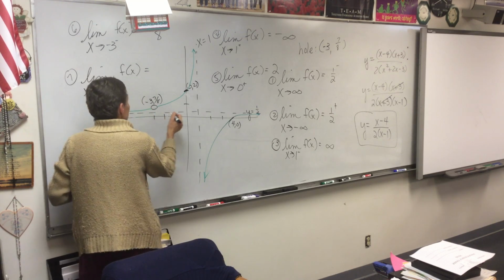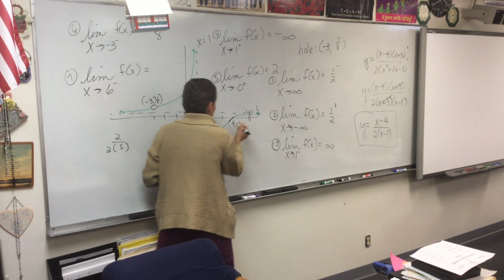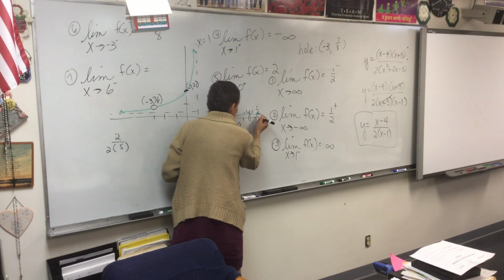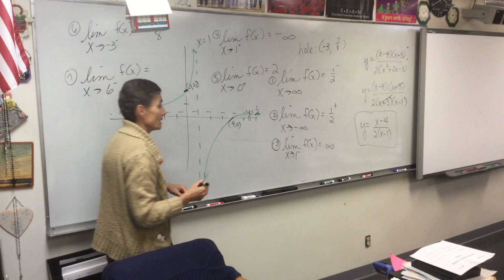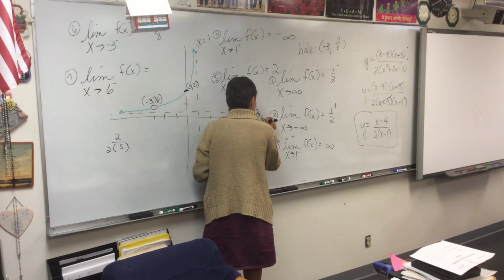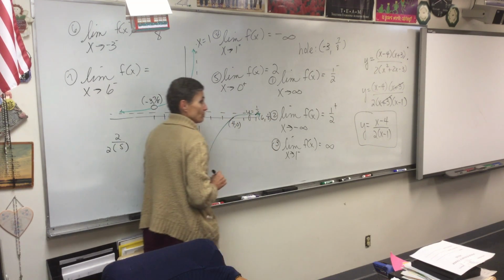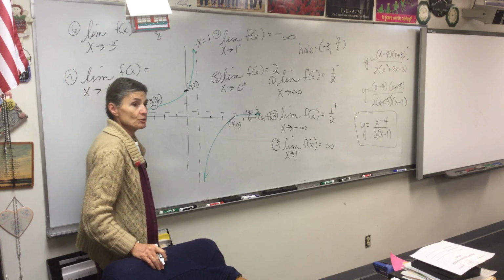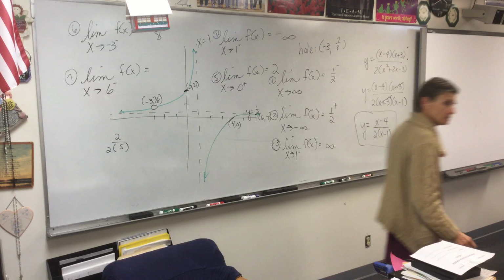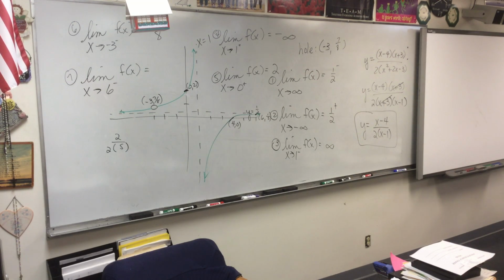Yes, if you said 1/5, you are exactly right. Where is 6? Isn't 6 a point out here on the graph, you guys? If you let x be 6, y turns out to be 1/5. Limit values of points.